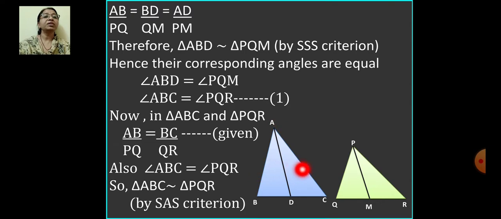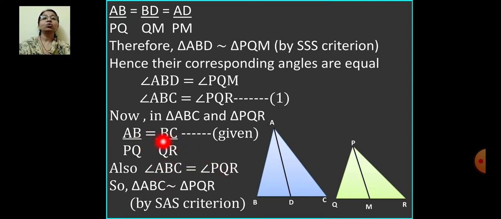Now come to the bigger triangles ABC and PQR. Let us see what are the equal parts here. We have already been given that AB upon PQ is equal to BC upon QR, and just now from equation 1 we have angle ABC equal to angle PQR.